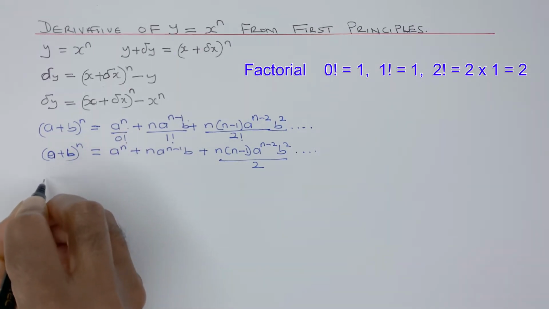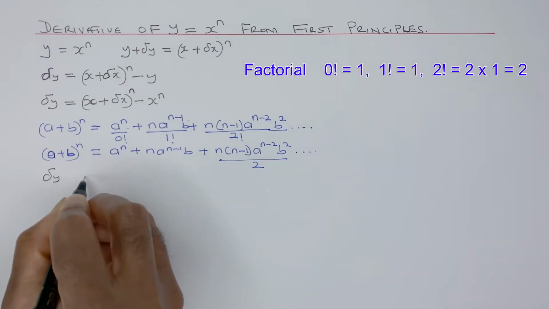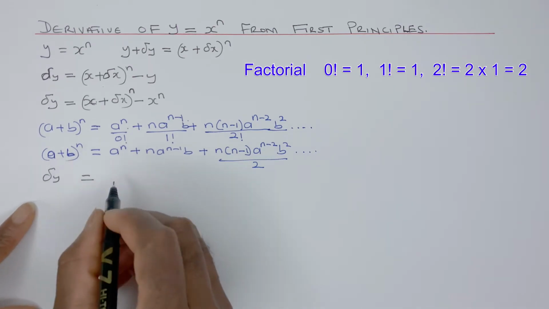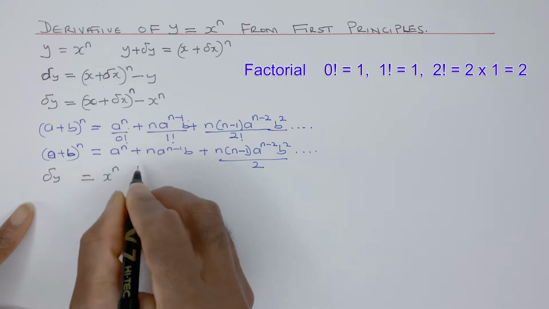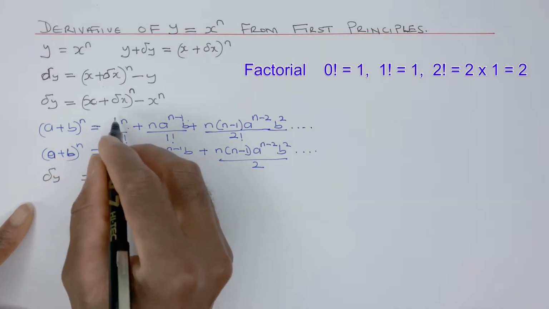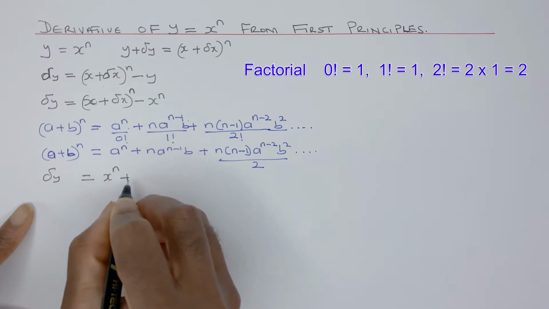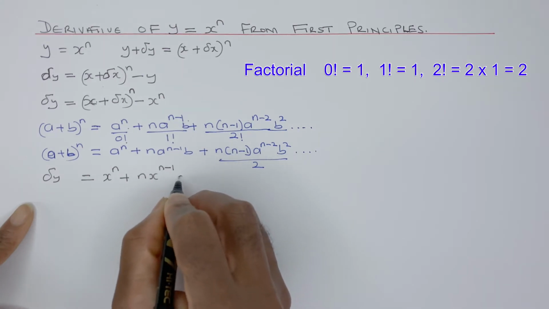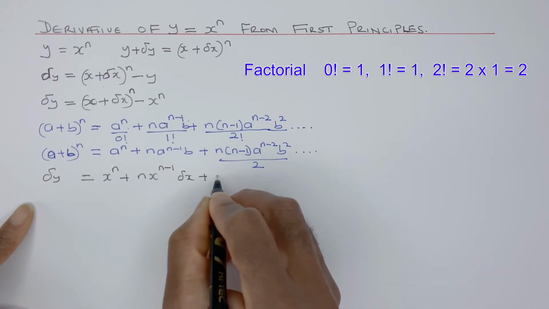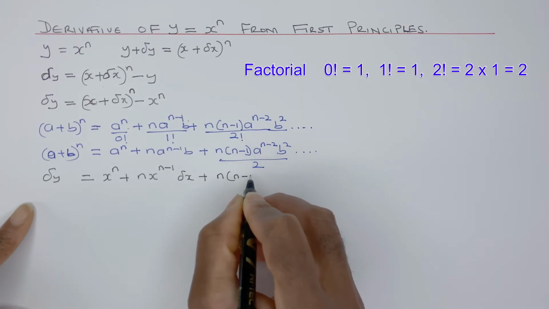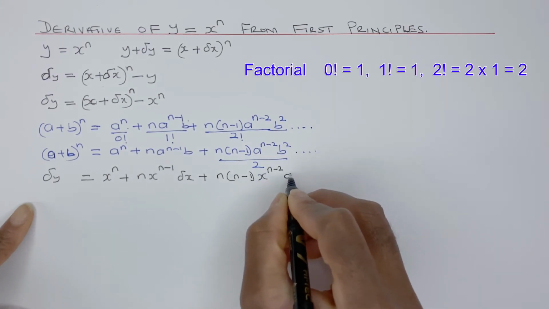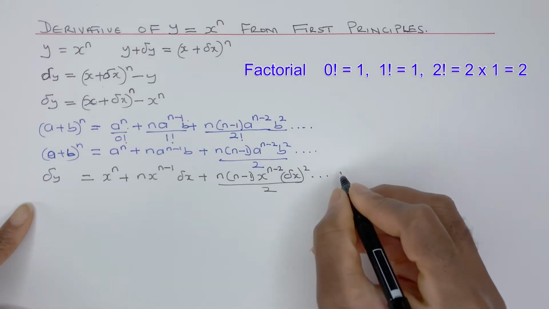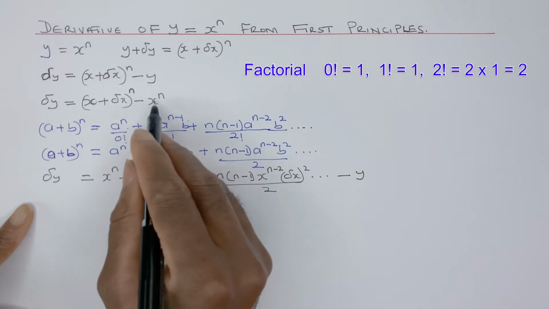So writing that expansion, I can then say delta y equals x to the power of n, because a is x and b is delta x, plus n x to the power n minus 1 delta x plus n into bracket n minus 1 x to the power n minus 2 delta x squared over 2, and it goes on, then minus y, and the y is x to the power of n.